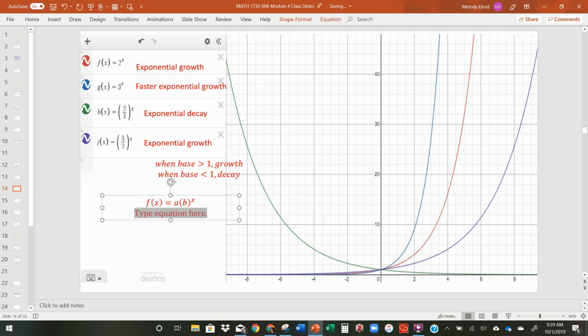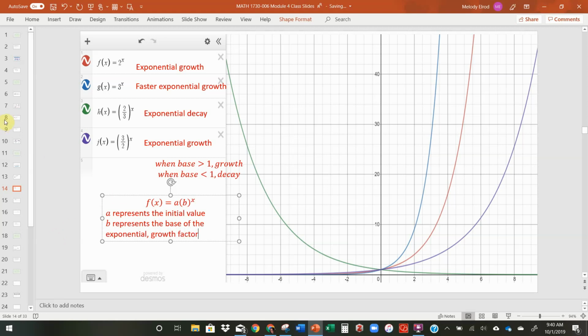A is going to represent the initial value, whereas b, the base here, represents the base of the exponential, which is also known as the growth factor.